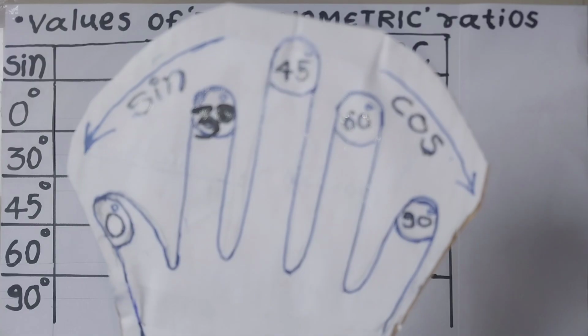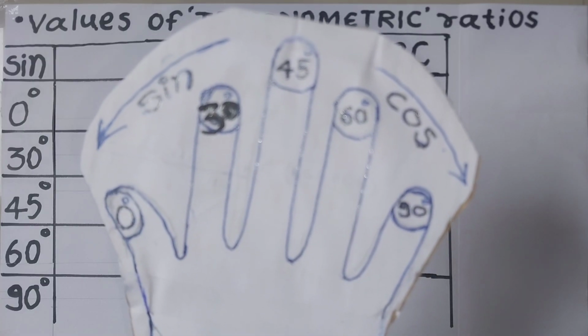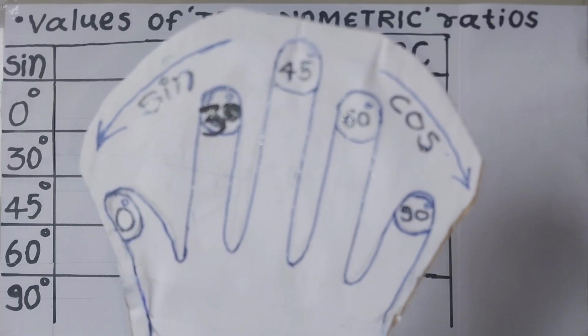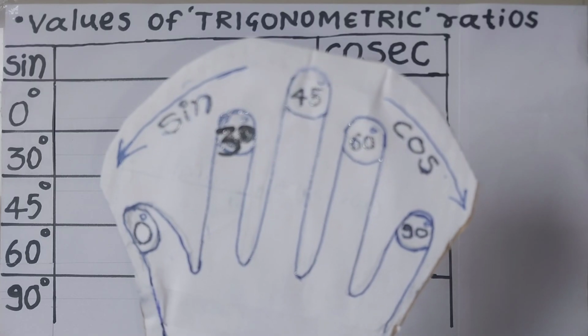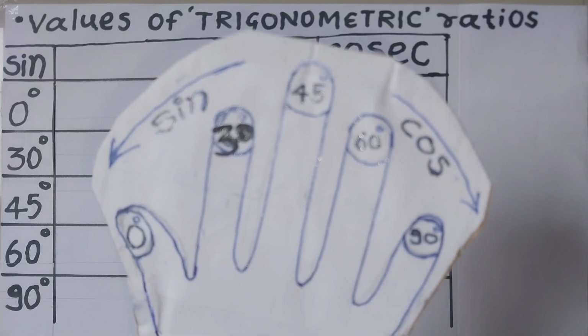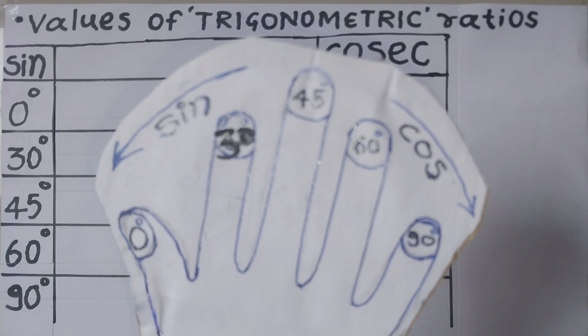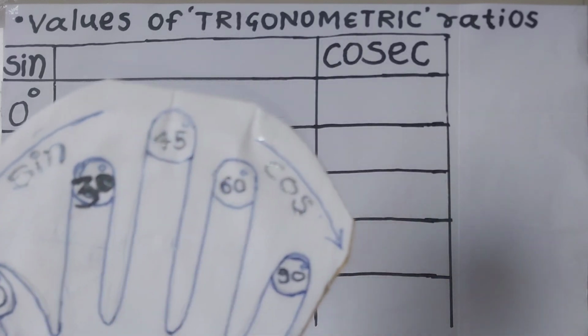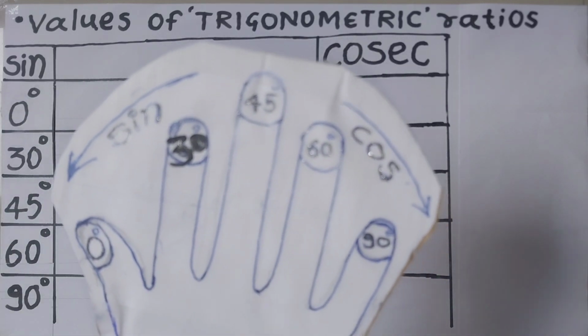90 degree. Now step by step I will tell you how to find the values of trigonometric ratios like sine, cos, then tan, cosec, sec and cot.